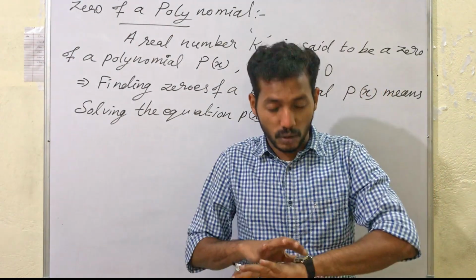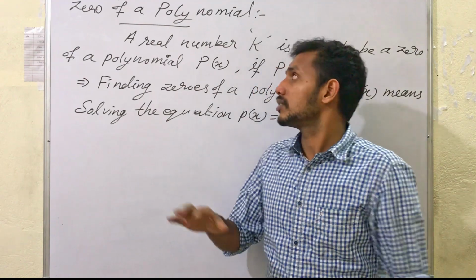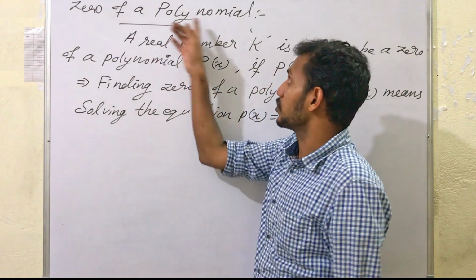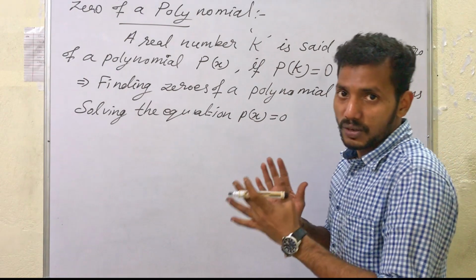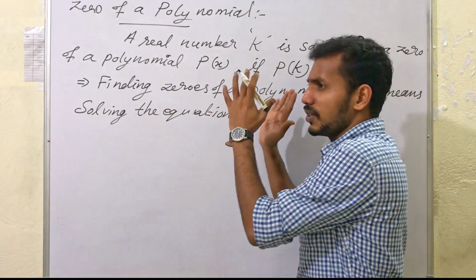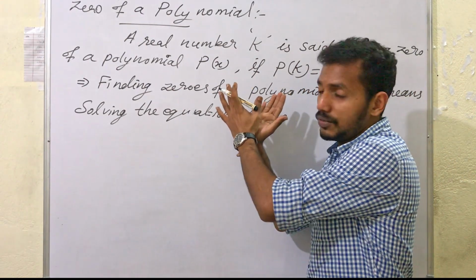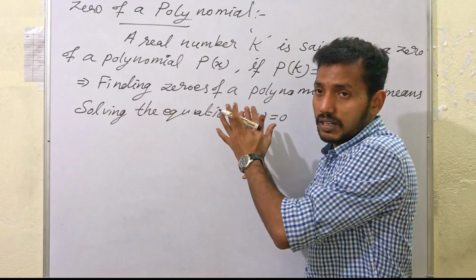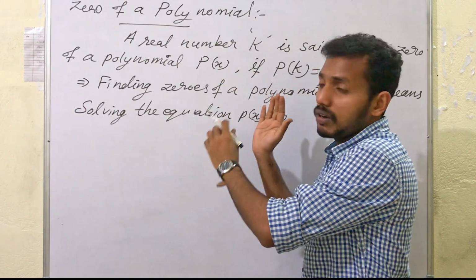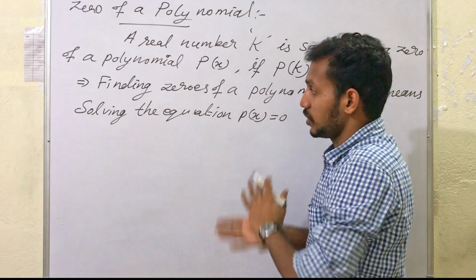So the last topic of this video is the zero of a polynomial. What is the meaning of the zero of a polynomial? It is a very important concept. Even in your class 10 syllabus, you need to know basically what a zero of a polynomial is.